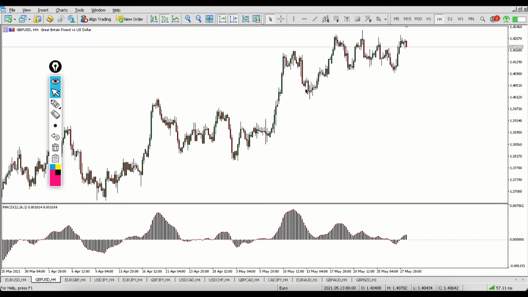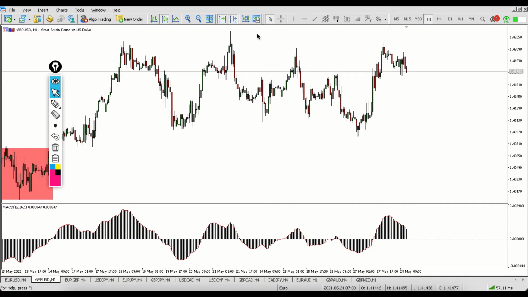Now on the pullback we want to find a valid entry signal which we could look for on a lower time frame. So I'm just going to put this piece of price action here into a rectangle zone so we can find it easier once we drop down to a lower chart. And if we're currently looking at the 4-hour chart, I'm just going to go down to the hourly chart and see what signals the indicator gives us there.